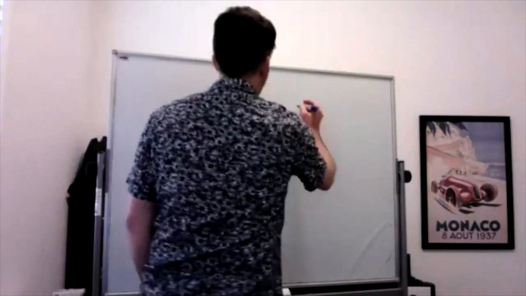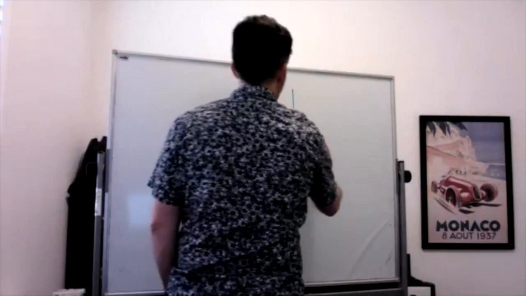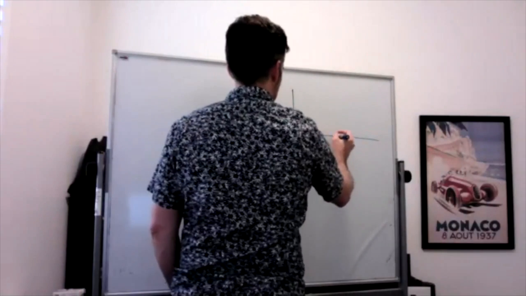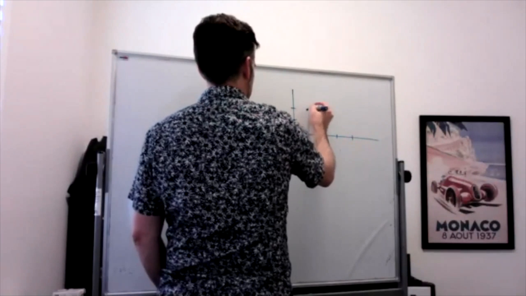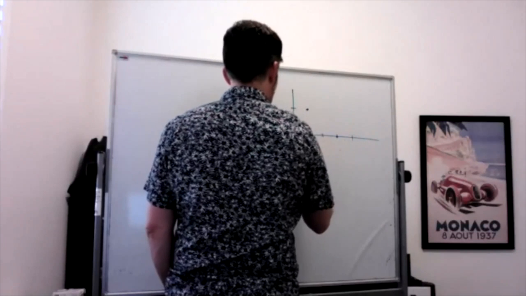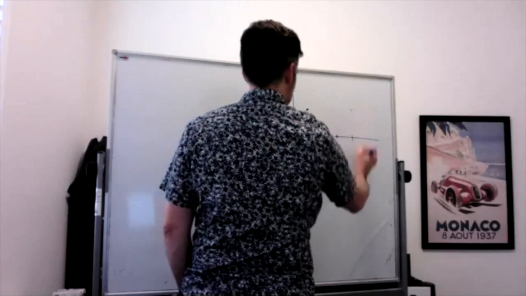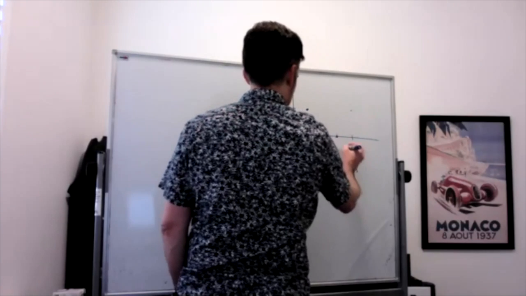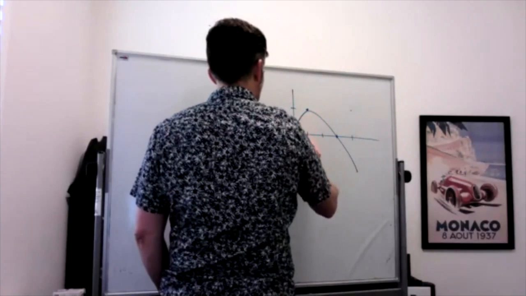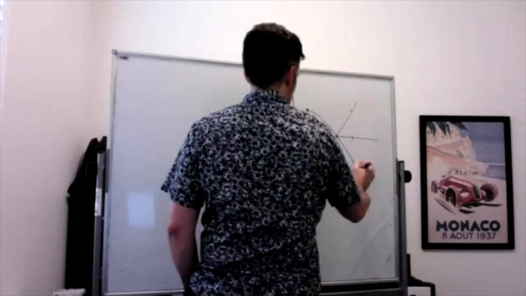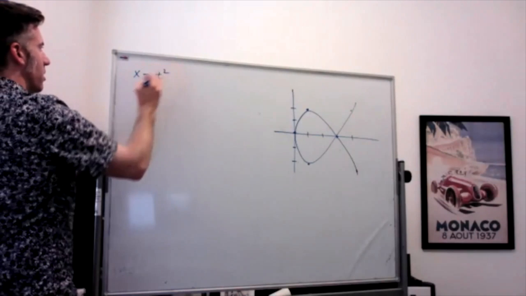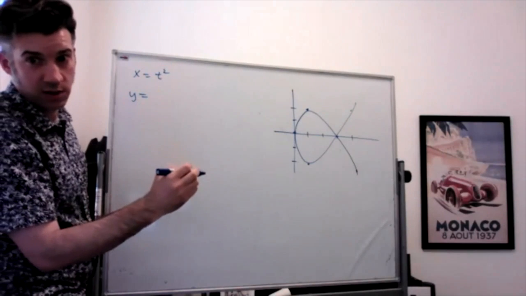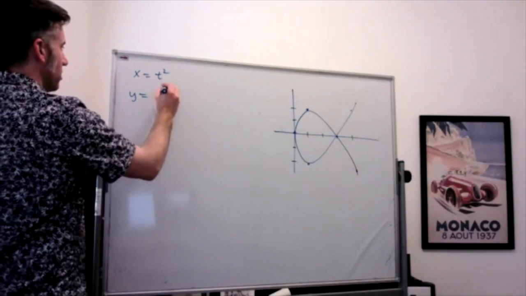Okay, so let's draw a picture again so we have it. And again, we have x equal to t squared, y equal to t cubed minus 3t.